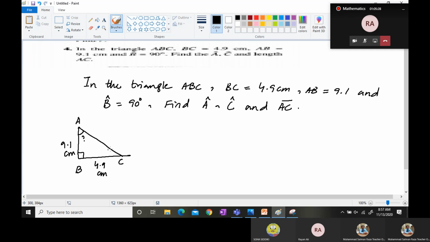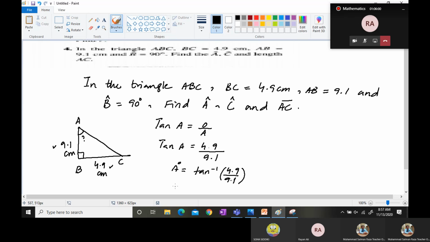Angle A can easily be found using SOHCAHTOA, with the opposite and adjacent mentioned. So tangent A equals opposite upon adjacent, which is 4.9 over 9.1, so A is tangent inverse of 4.9 over 9.1.